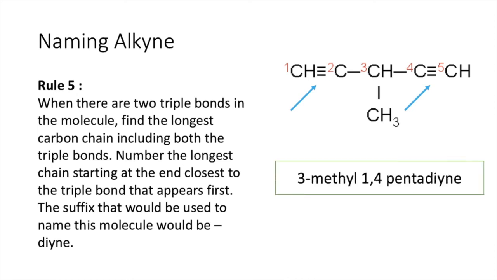So the name of this structure is 3-methyl-1,4-pentadiyne. Why 3-methyl? Because it has a methyl substituent located at number 3. And why 1,4-pentadiyne? Because the triple bonds are located at carbon number 1 and carbon number 4.